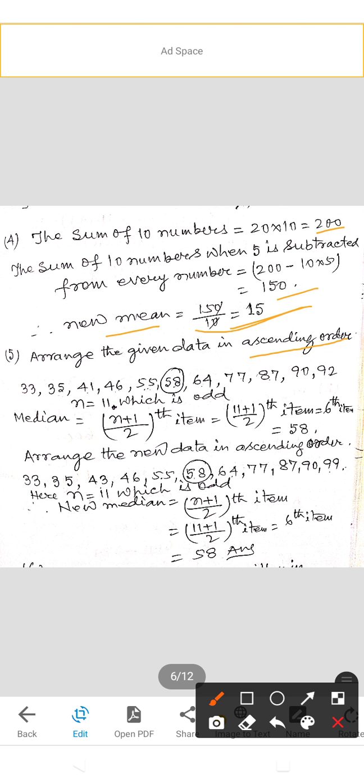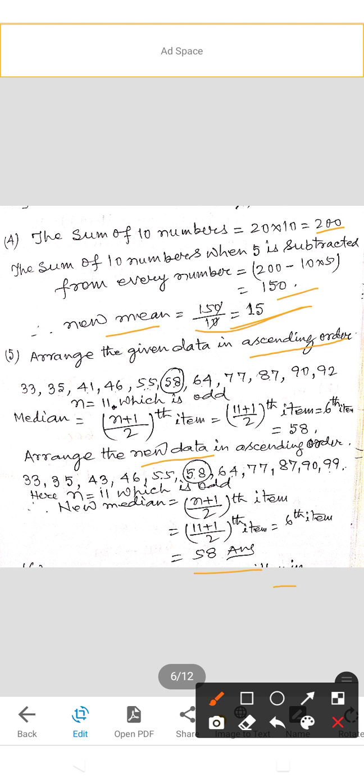Now question number 5. Find the median of the following observations: 46, 64, 87, 41, 58, 77, 35, 90, 55, 92, 33. So arrange the given data in ascending order: 33, 35, 41, 46, 55, 58, 64, 77, 87, 90, 92.